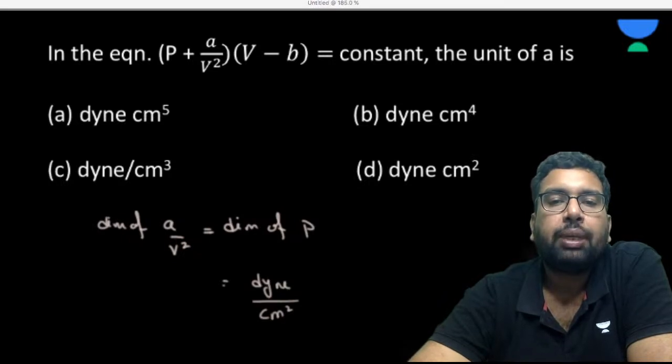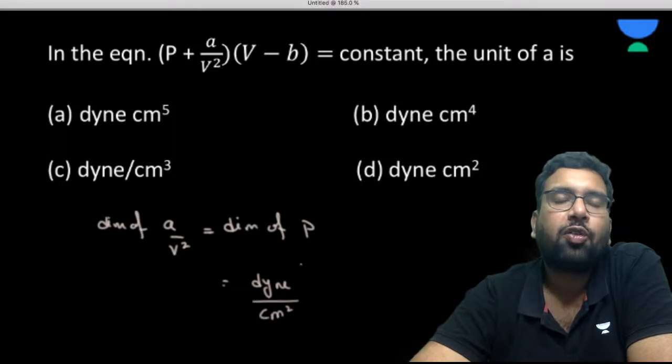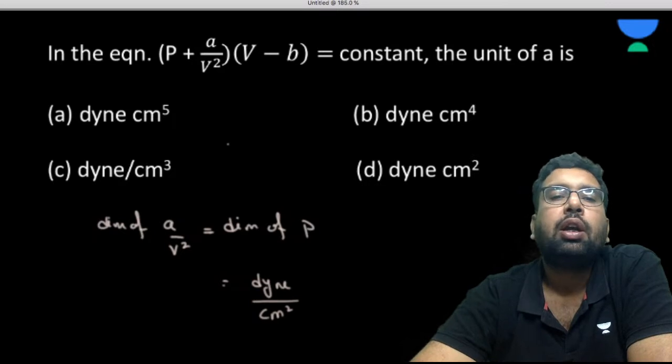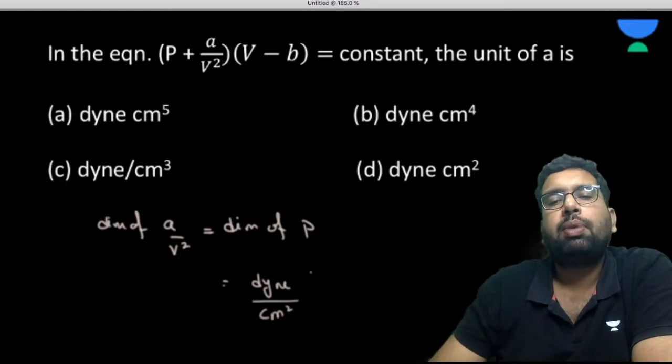So basically, when you see that the options are in dyne, it is obviously beneficial that you take the pressure in terms of the CGS unit. So in CGS units, the pressure is going to be dyne per centimeter square, and it is to be multiplied with V square. So what is volume?